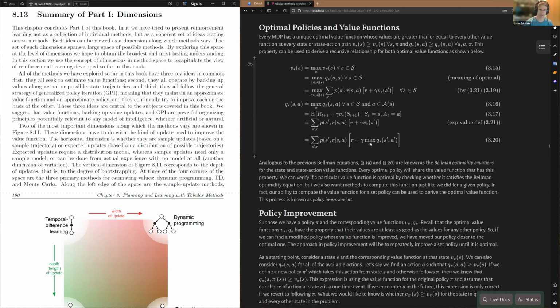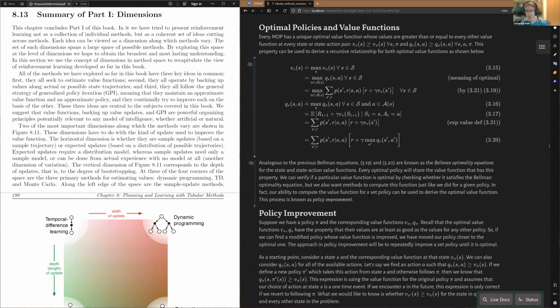And it turns out, in the same way we can turn this into an operator, it's also possible to turn this relationship into an operator and directly compute the optimal action value function.